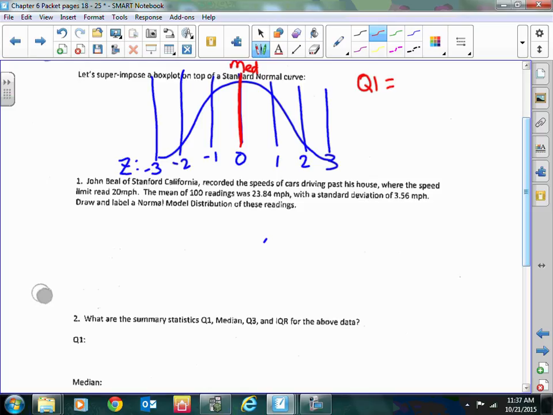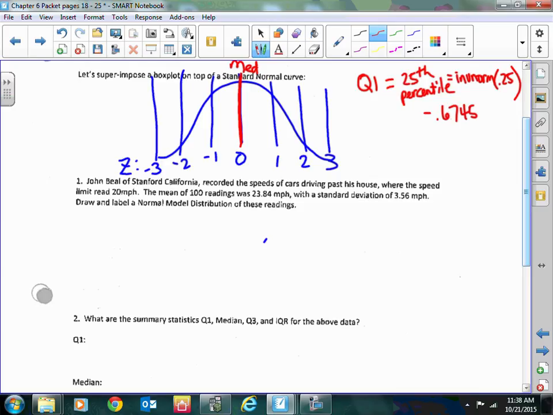What z-score would that be? It's going to be at the 25th percentile. That means 25% is below it. So, good. So I'm going to get that -0.6745 by doing inverse norm of the area below is the z at that spot. Okay?